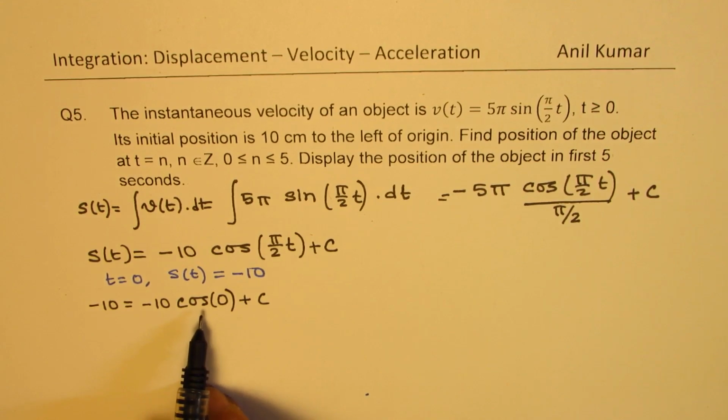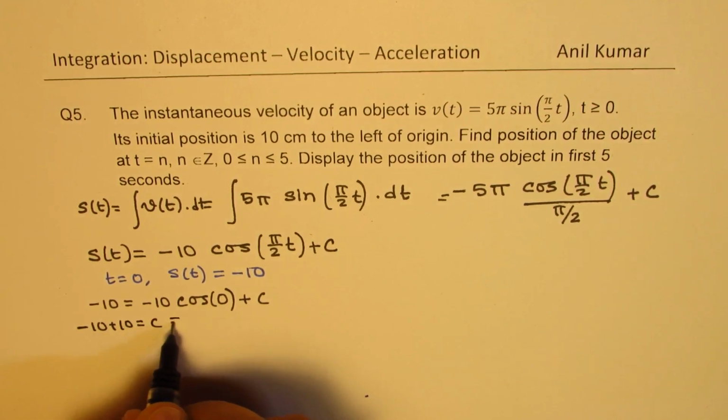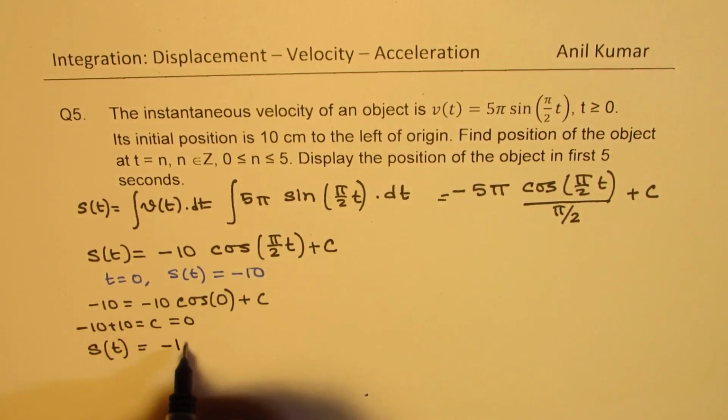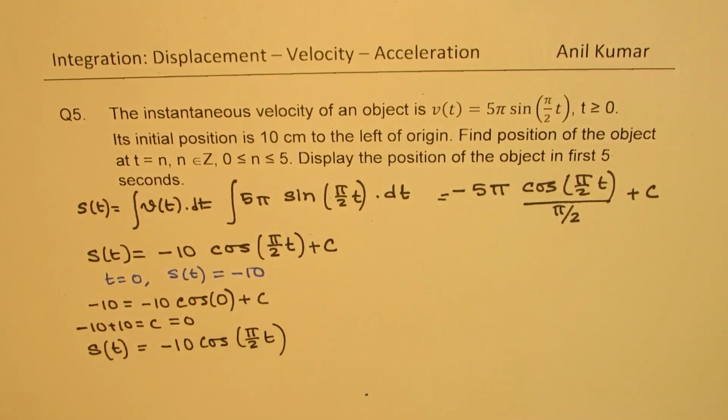Now cos of 0 is 1, so c equals minus 10 plus 10, which is 0. So we can write down the displacement function as minus 10 cos of pi by 2t, c is 0. That becomes our expression for displacement.